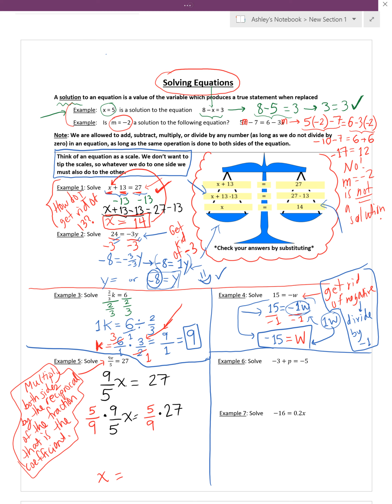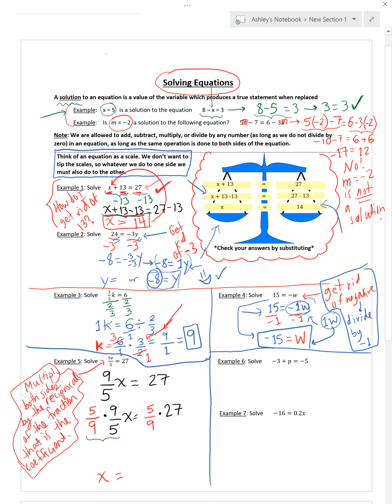And you notice something that makes it clear why this works: on the left side, I'm multiplying 2 fractions together, but those 2 fractions reduce quite a bit. The 5's reduce, 5 goes into 5 once, and the 9's reduce, 9 goes into 9 once. So when you multiply those 2 fractions, all you really get is a 1. That's 1x. So I think we're pretty successful. That knocked out that fraction.